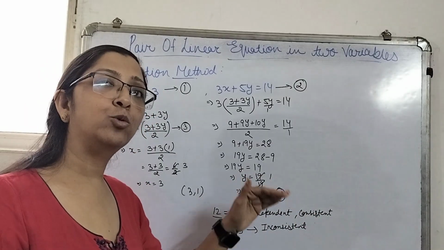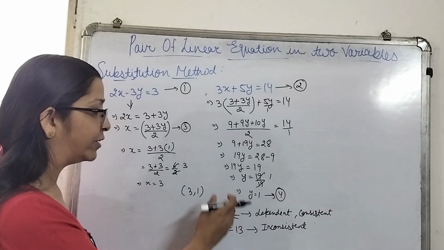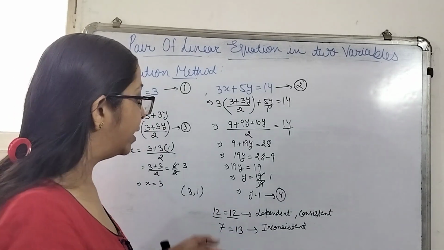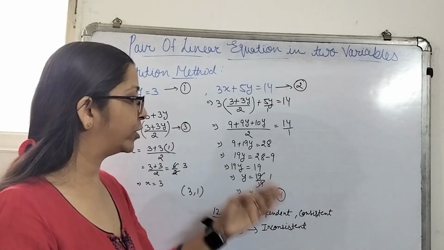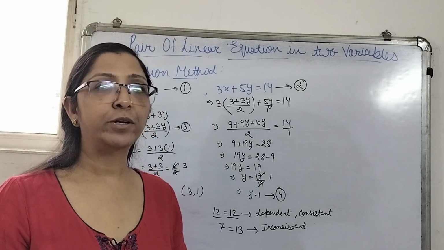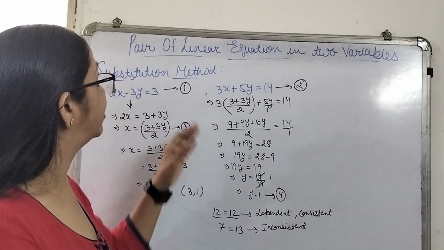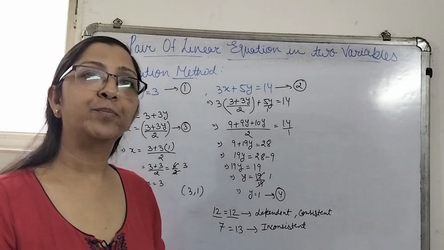That means these two equations will coincide with each other. And there could be the possibility when we come to a statement which is not true for any condition. In this type of condition the pair of equations will be inconsistent. So this is how we can solve the pair of linear equations. We can find the solution of the pair of linear equations by the substitution method.